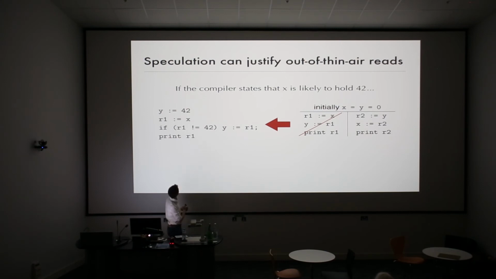And the result of this is that y is 42, 42 out of thin air, and you get R2 is 42, so you update x. And then later you read x, but x is now 42 because it has been updated by this one. Yes, I was right. And you do nothing, and you end up with a 42.